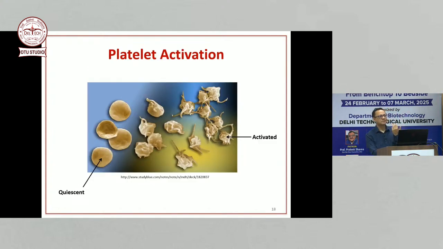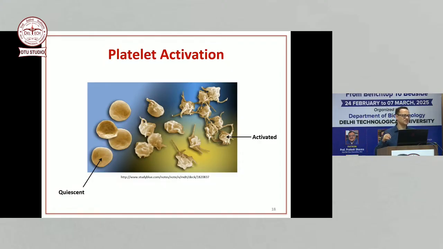Now, platelets, when they are in our blood, are very quiet and look smooth. Once they start getting activated, they start looking like that. And what is activation of platelets? It's like irritation of platelets, right?